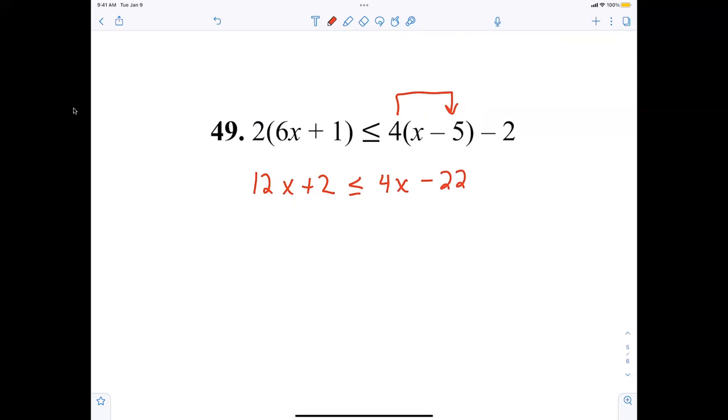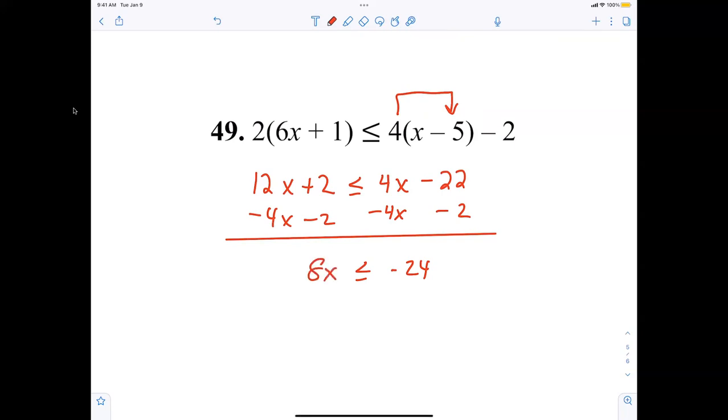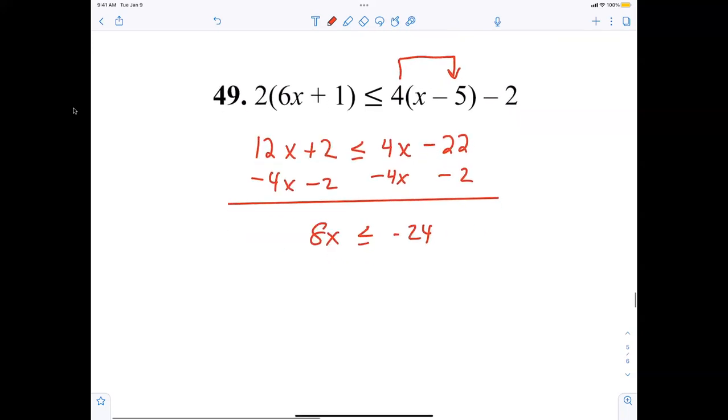So then we could subtract the 4x and the 12x. And then subtracting the 2x from the... and what do I end up with? Then you get negative 24. And then 8x is less than or equal to negative 24.